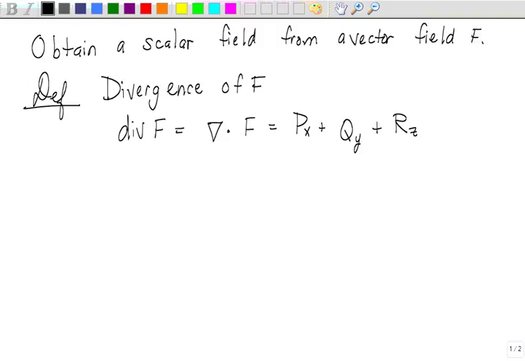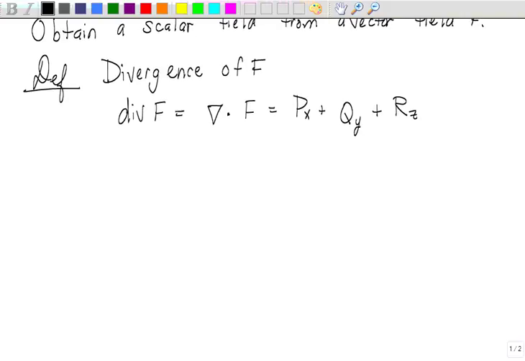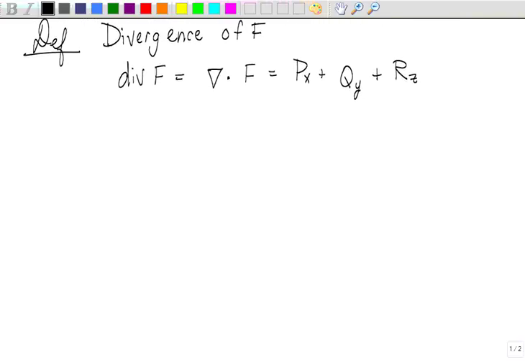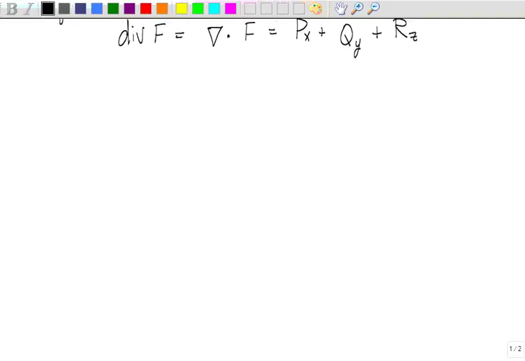Again, these two are used in the study of fluid motion, electricity, and magnetism, among other things.